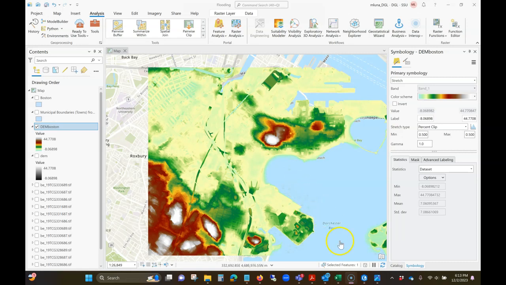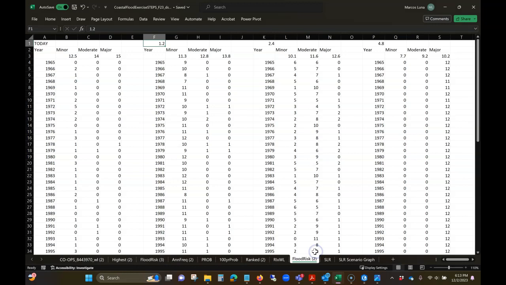So let's revisit what we'd done previously when we were calculating flood currents. We used these heights for minor, moderate, major floods, and so that 12.5, 14, and 15 foot refers to the height of the water.